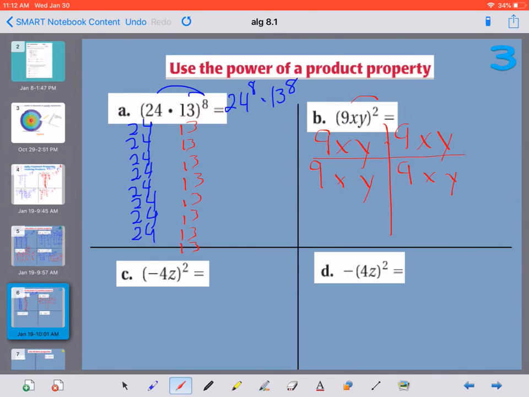Now, how many 9's do I have? Well, I have 2 9's, 2 x's, and 2 y's. So I could leave it like this, or 9 squared is pretty simple, so I could just write it as 81 x squared y squared.